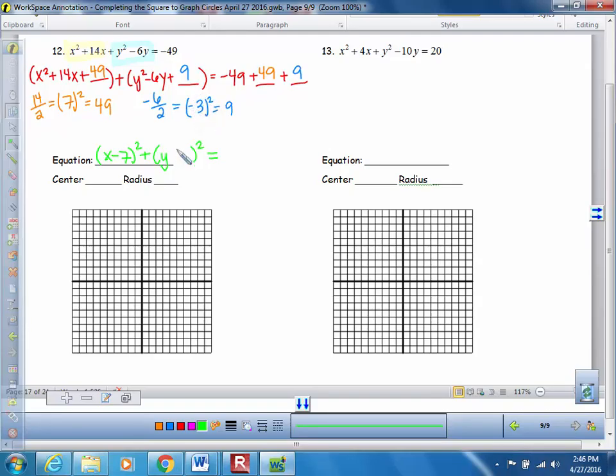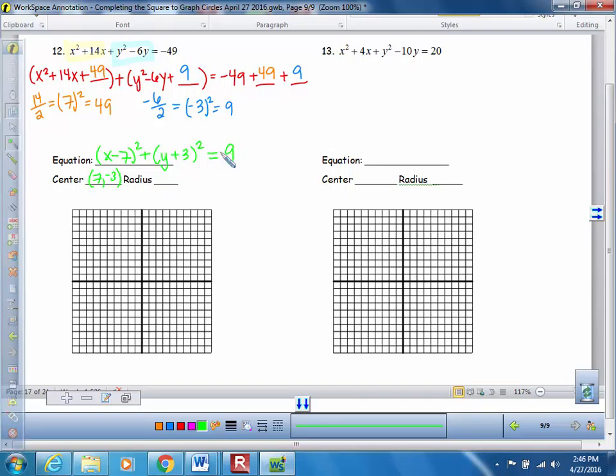We got a -3, so this would be a +3. And then I know -49, +49, those cancel out, and I'm just left with 9. Okay. Then my center is exactly what I got when I divided both b's by 2. So I got 7 and -3. So my center is 7, -3.